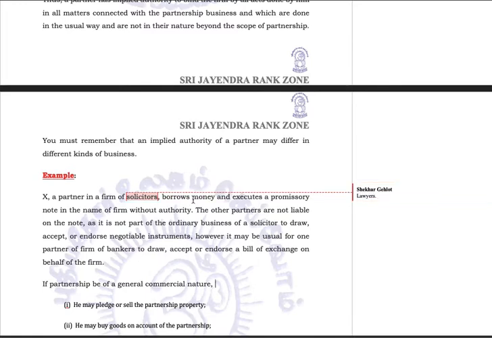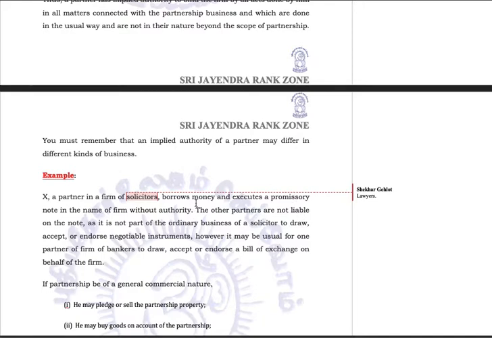What he has done is borrow some money. The firm is of lawyers; it is not into borrowing or lending of money. The firm is not a banking firm. Now he has taken money from someone and executed a promissory note in the name of the firm.